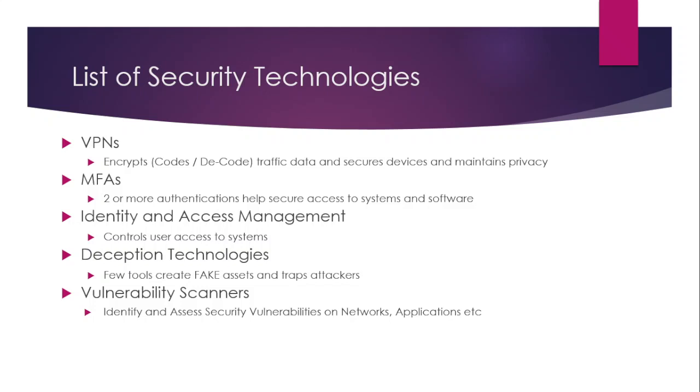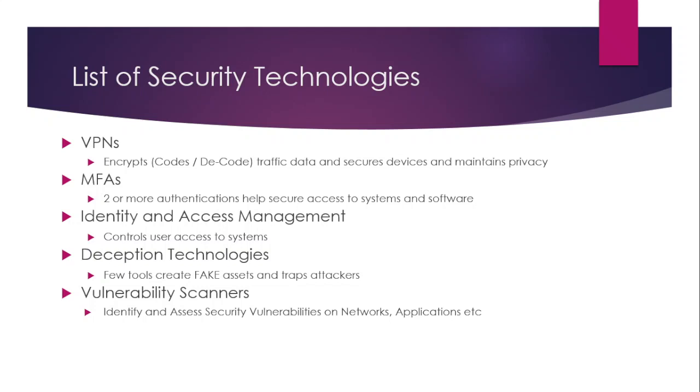Then there is multi-factor authentication. Nowadays, many Facebook accounts get hacked. The reason is that MFA is disabled. So you need to go to Facebook and enable two or more authentications to secure your account. For example, you might enable OTP based authentication as well as email based authentication so that you are doubly secure.